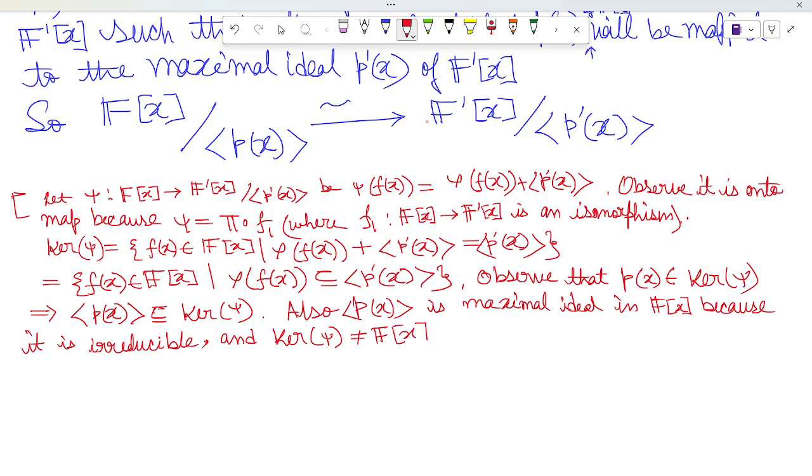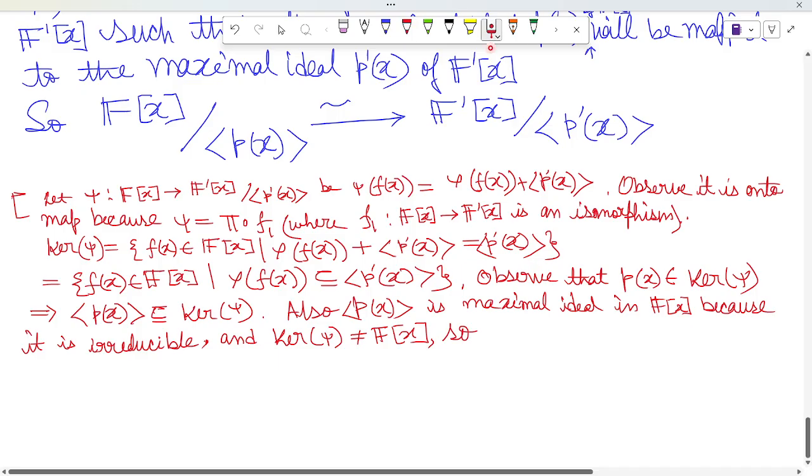Why? Because if we look at the image of 1, it is not 0. 1 will not be mapped into the class of p dash x; it will map to the equivalence class of 1, which is not p dash x. Otherwise there would be the full ring, but 1 is not there. So actually the ideal generated by p[x] equals the kernel.